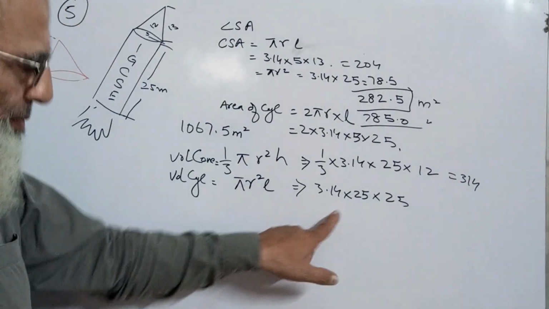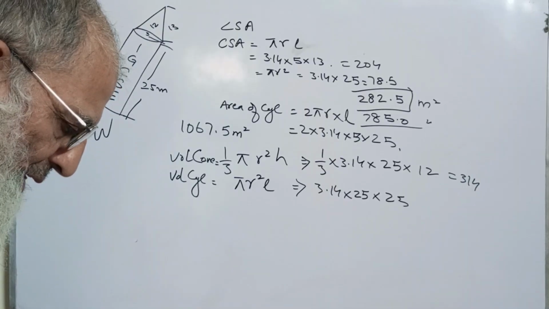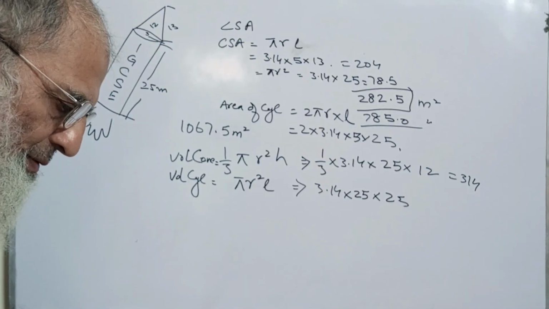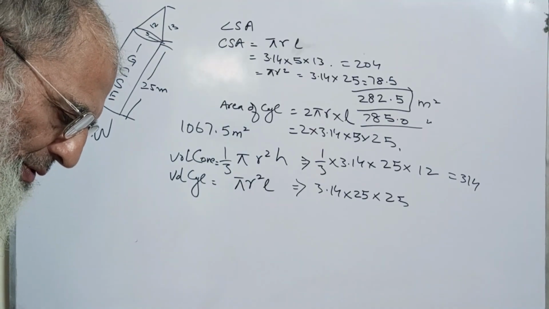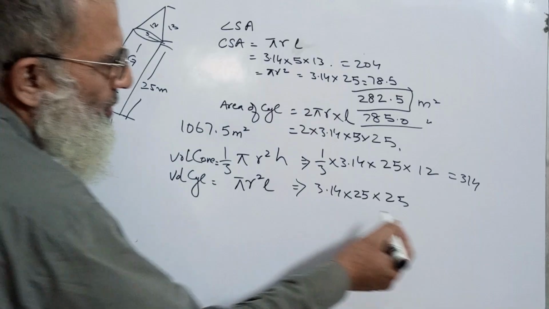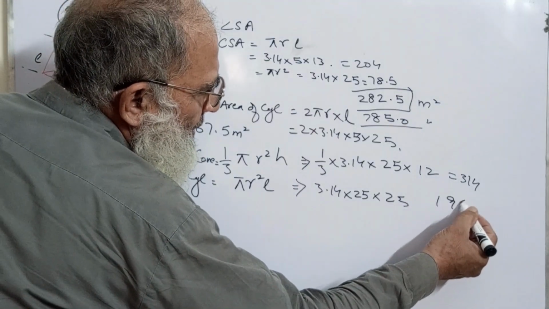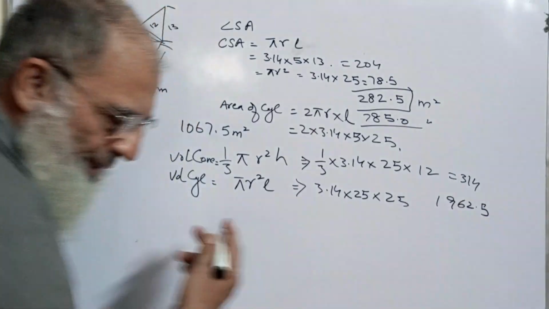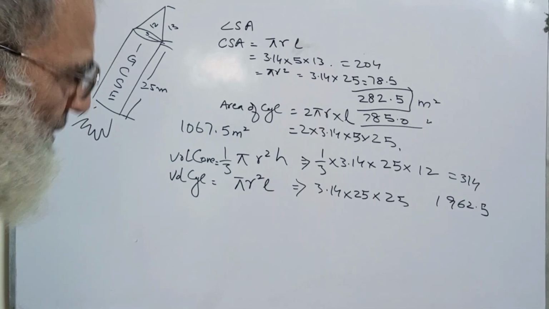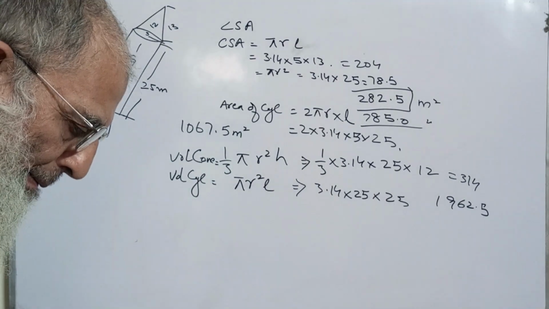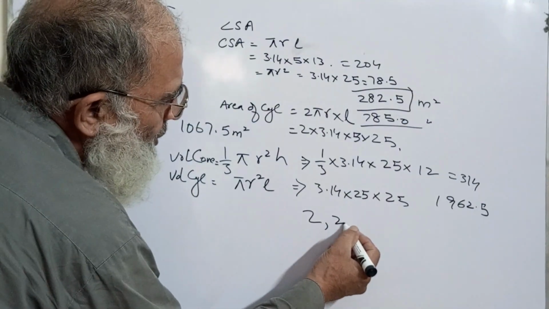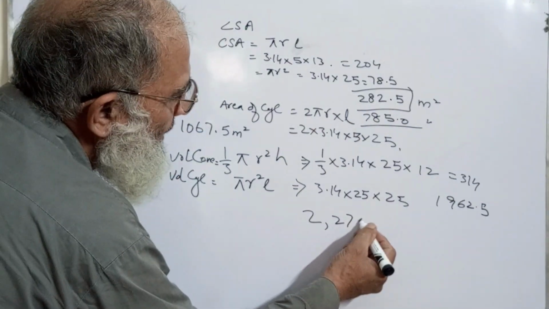For the cylinder, it is 3.14 multiplied by 25 multiplied by 25, which is 1962.5. Adding both, plus the 314, it will become 2276.5.